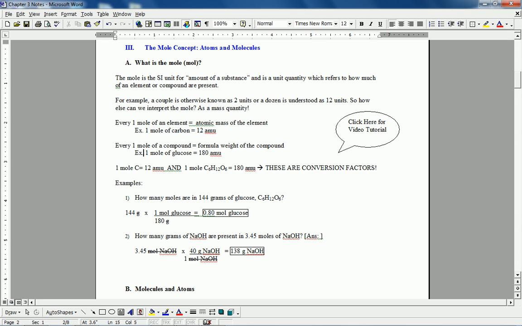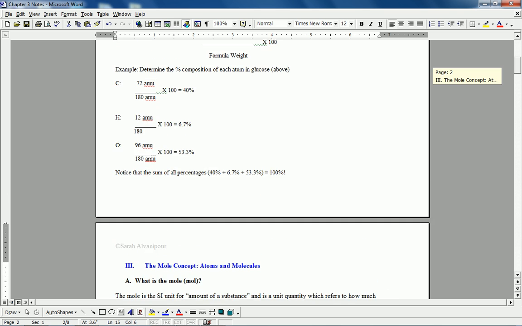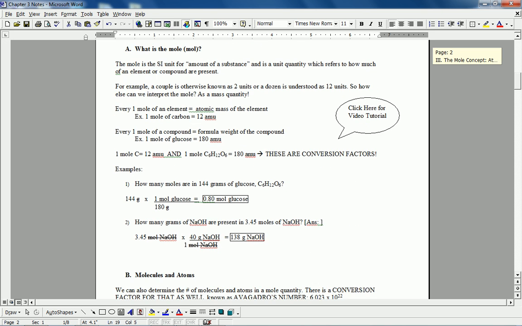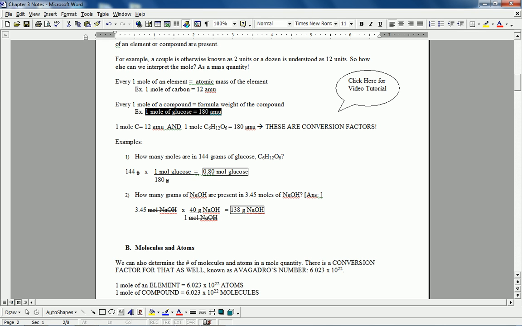So, in the example of 1 mole of glucose, which is C6H12O6, if you took the mass of 6 carbons, 12 hydrogens, 6 oxygens, and add them all together, you end up with 72, 12, and 96. Add them together, and you know every 1 glucose is 180 AMUs. So you know every 1 mole of glucose is 180 AMUs or grams.